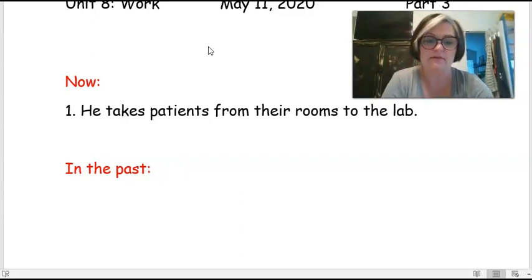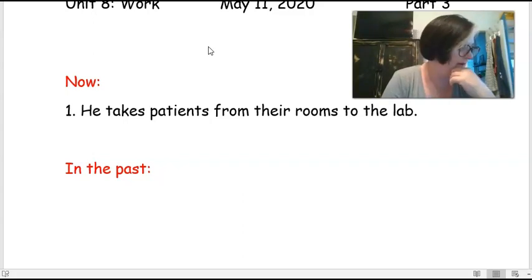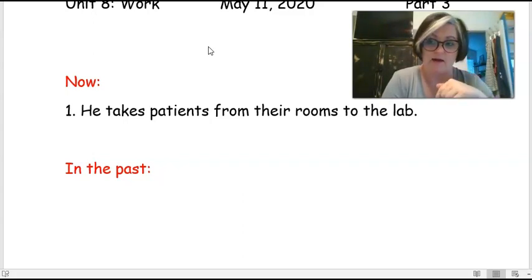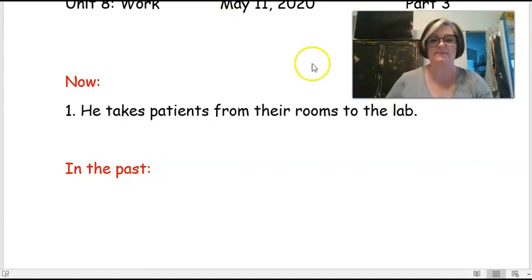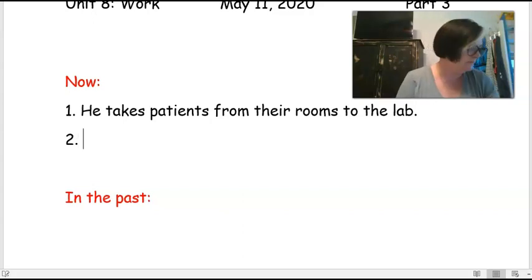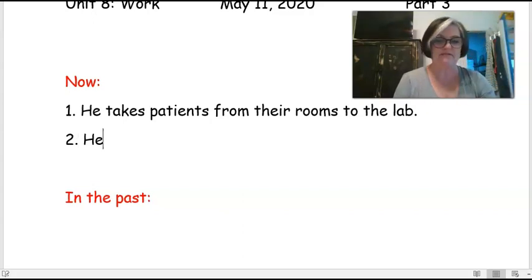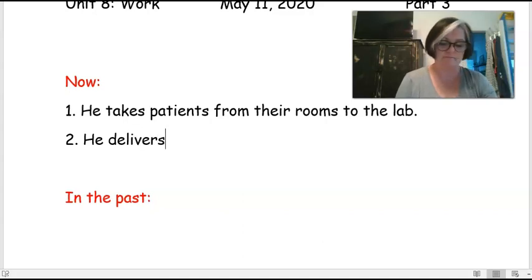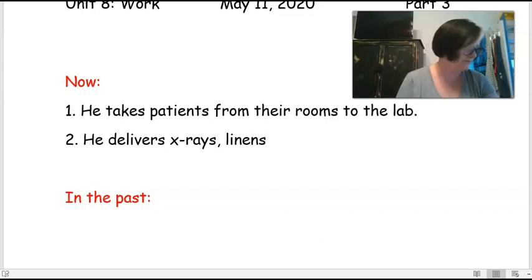So we're looking at some of the job duties that he has now at his job. The first one is given to you. It says he takes patients from their rooms to the lab. Number 2 says he delivers X-rays, linens, and supplies.